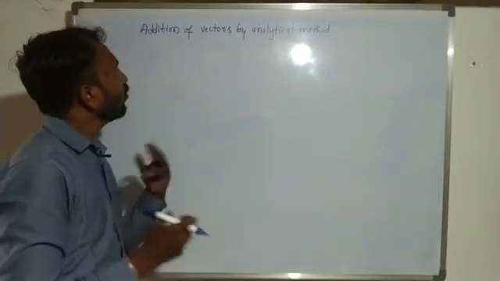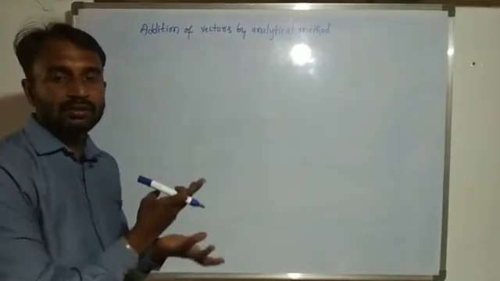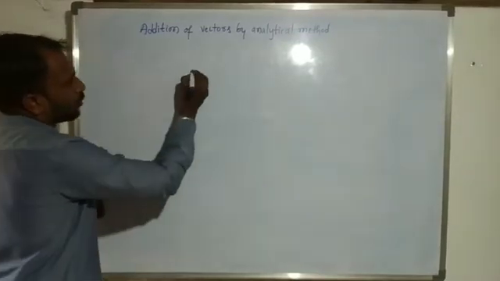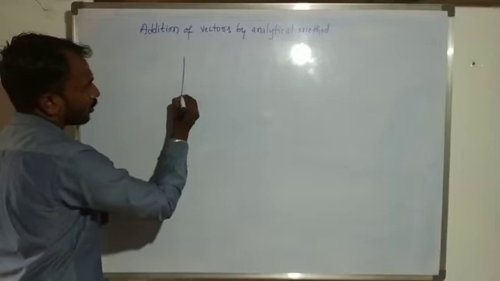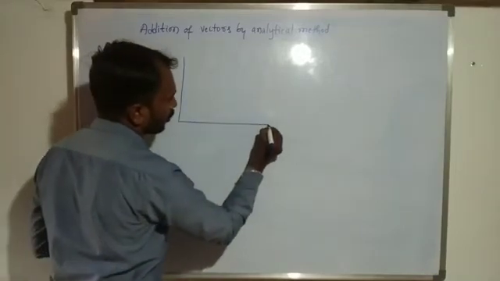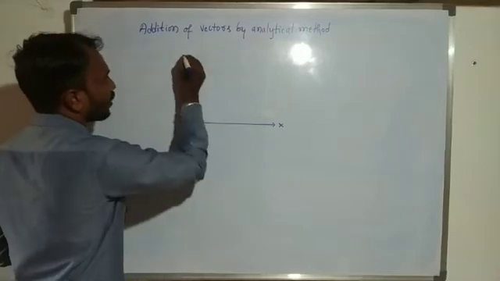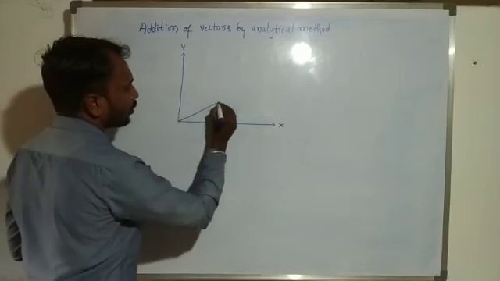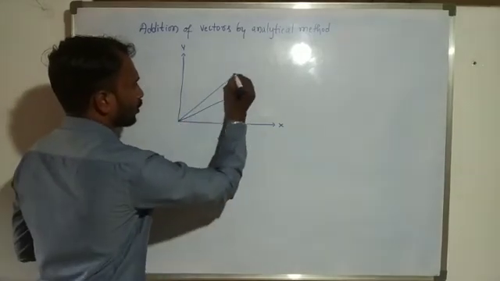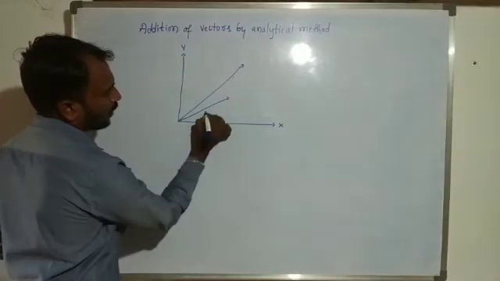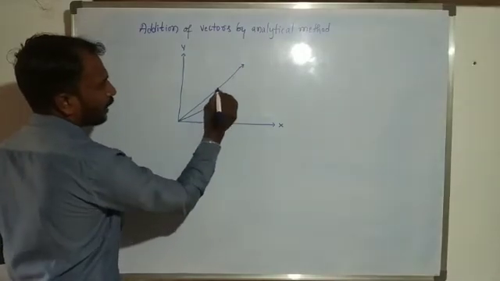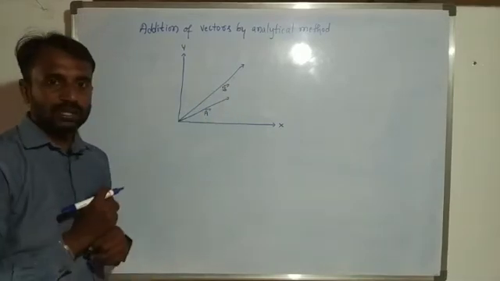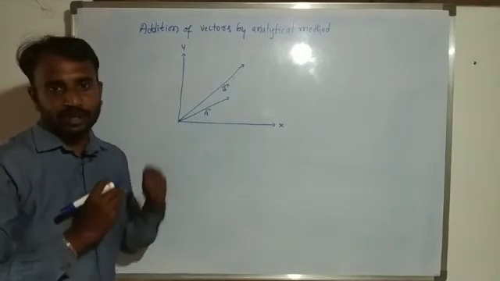It means adding two vectors, vector A and vector B, to get a resultant vector. Suppose we consider the x axis and y axis, and two vectors: this one is vector A and this one is vector B. Vector A and vector B are present in the xy plane.